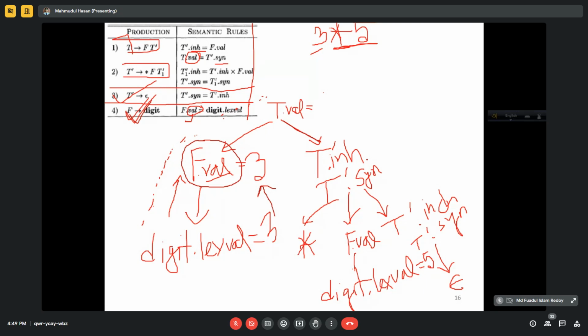So T dash inherited, is this an inherited attribute or a synthesized attribute? Inherited. That means you need to consider the upper portion production rule, that means T to F T dash.